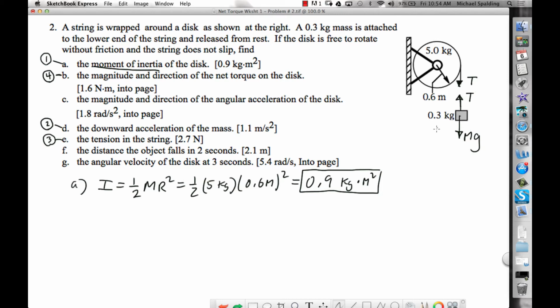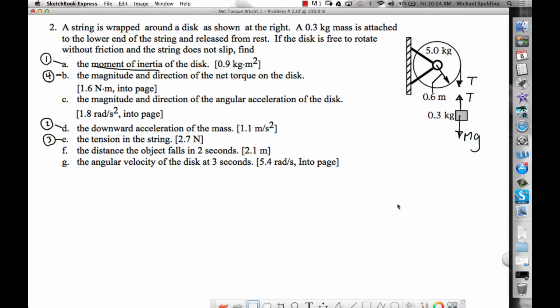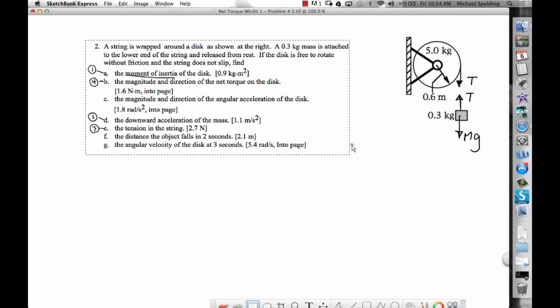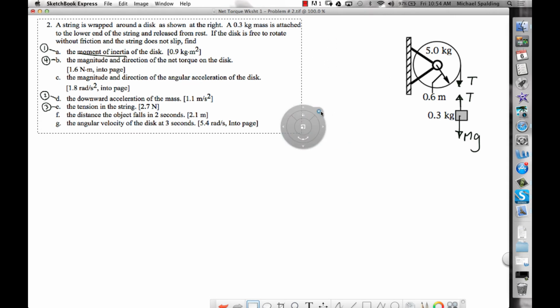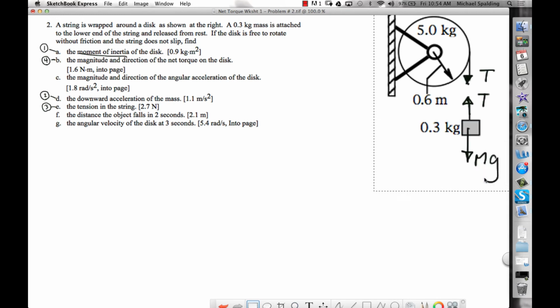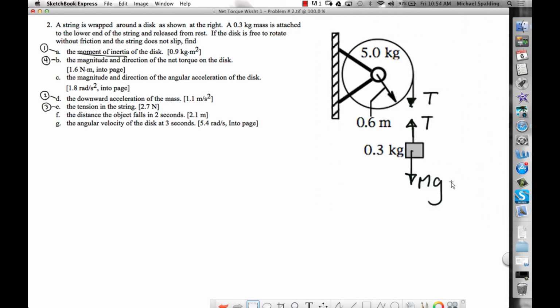So what we have to do is set this up. Let's shrink this down here, get rid of this calculation, and make this a little bigger. We're going to go to the disk and sum the torques. How many torques are acting on this disk?